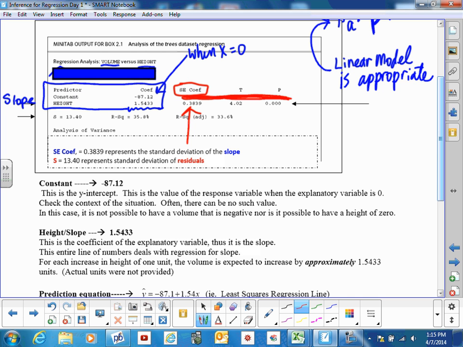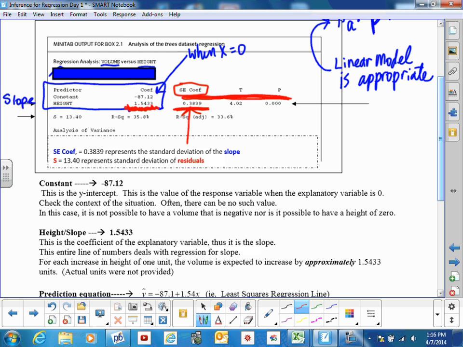Because when I made this slope right here, is this definitely the slope of the population? No. I'm going to be off a little, because how did I get this number? From a sample. So I don't know that that is a fact, and I've got some variability happening right here.